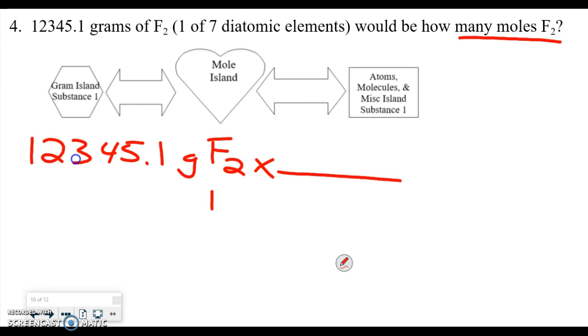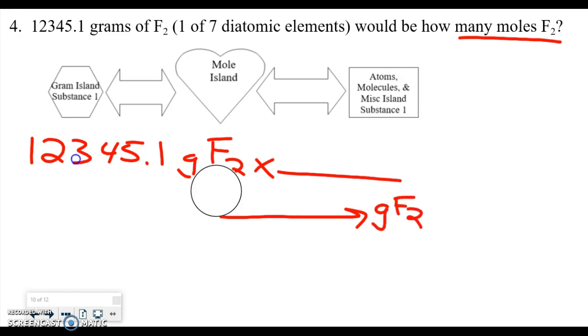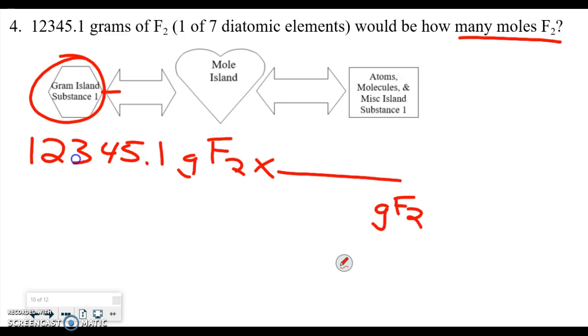Third step is whatever this label is, it's going to go down here. So grams of F2. And then we're on Gram Island, and we're going to go to Mole Island, so we're going to go to moles F2. Mole F2, moles F2, we don't really care about singular or plural.